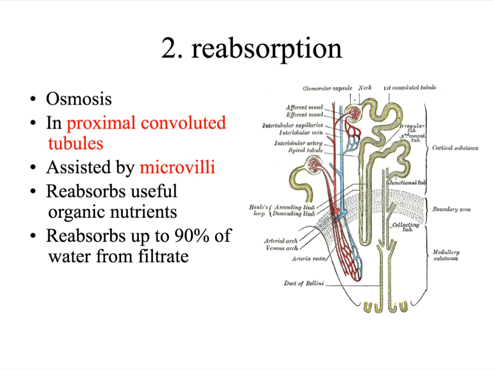The reabsorption is going to be happening by osmosis, and again, that's happening in the proximal convoluted tubules. And be sure to remember that that's going to be where you find microvilli. So you actually are going to be producing about 180 liters of filtrate per day. If you had to urinate that out, you'd be peeing all day long.